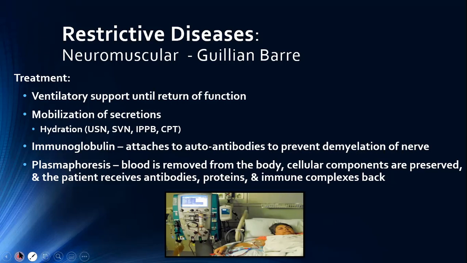We also want to mobilize those secretions by hydration, right? Either using an ultrasonic nebulizer or a small volume nebulizer, positive pressure breathing, or CPT, because once your lung function or your respiratory muscles are not able to do what they're supposed to do, you can't cough, right? It takes strong muscles to do a good vital capacity for a cough, right?